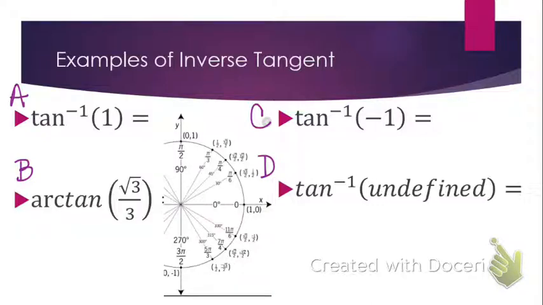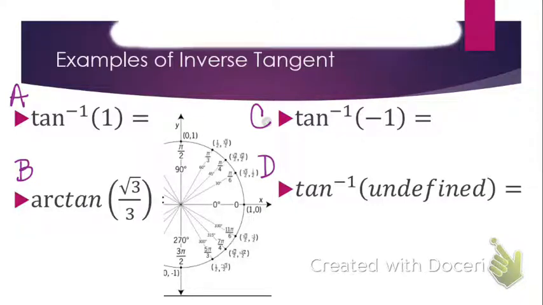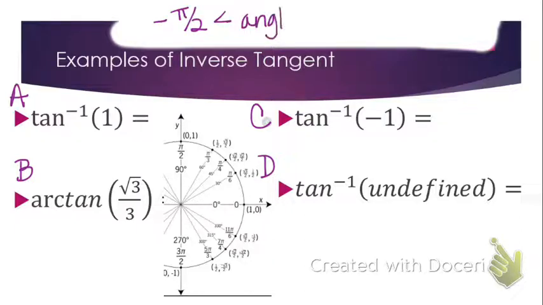And remember, our restriction is the same. So I'm looking for angles between negative pi over 2 and positive pi over 2. So for tangent, I'm back to quadrants 1 and 4.